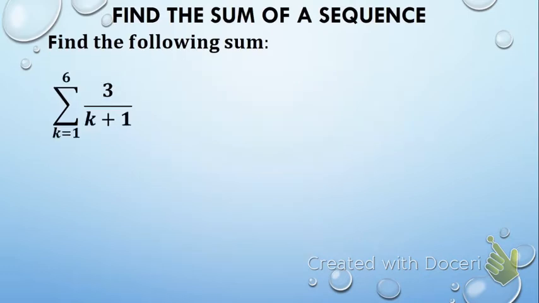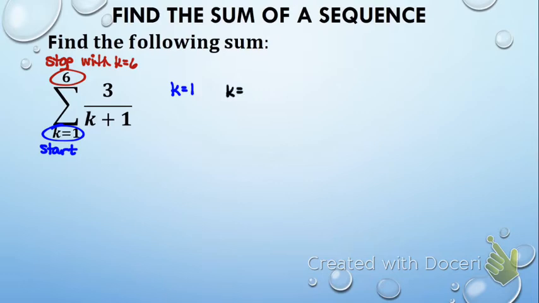This is our last example in 10.1. We're going to start by substituting in 1 in the place of k. We're going to stop with which one? Stop with 6. So we're adding up how many terms total? 6.